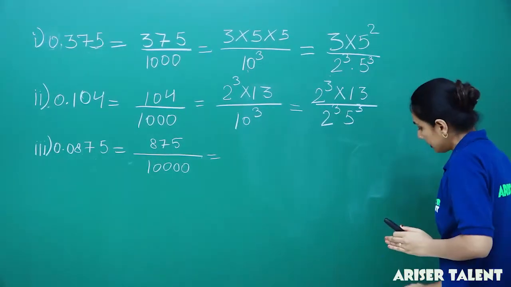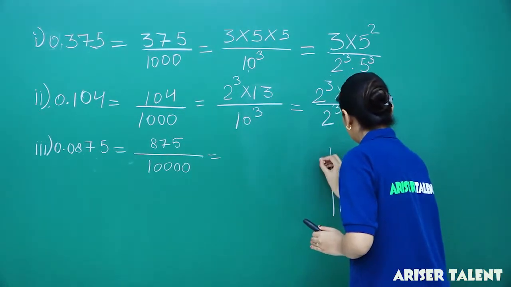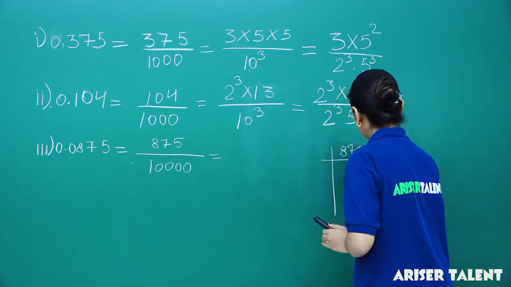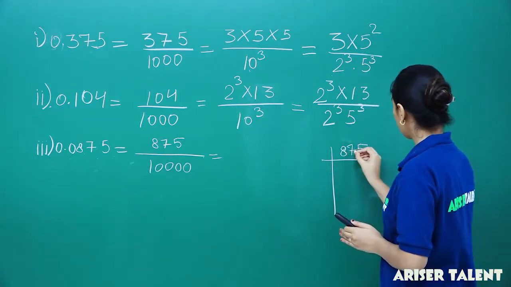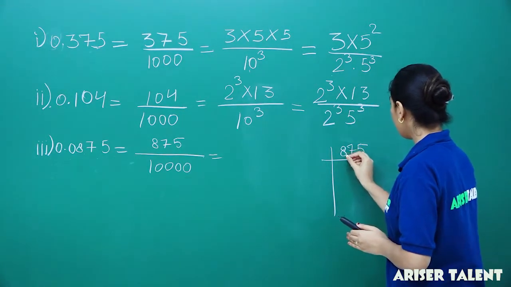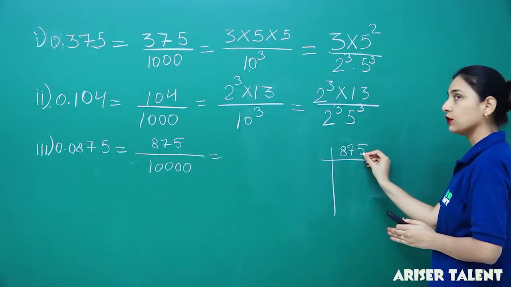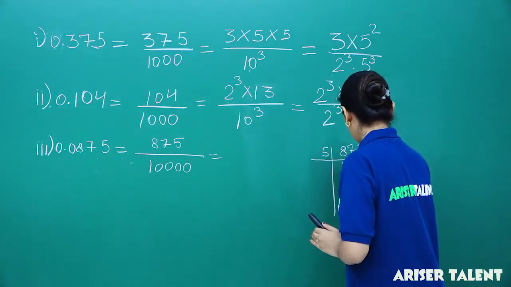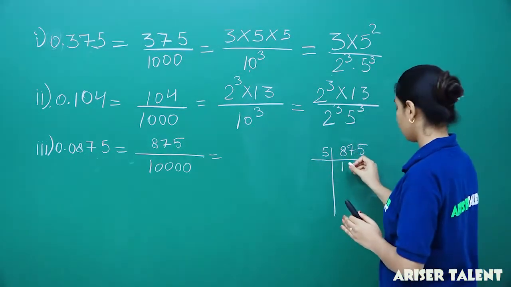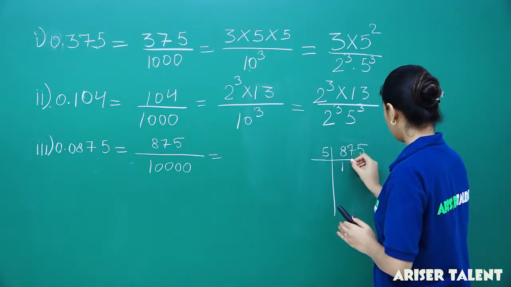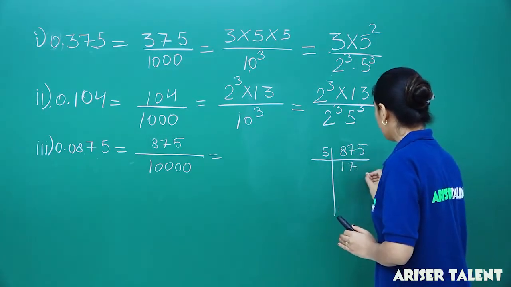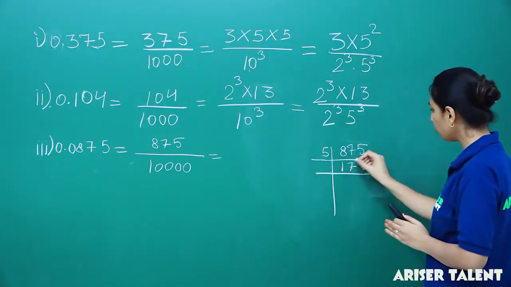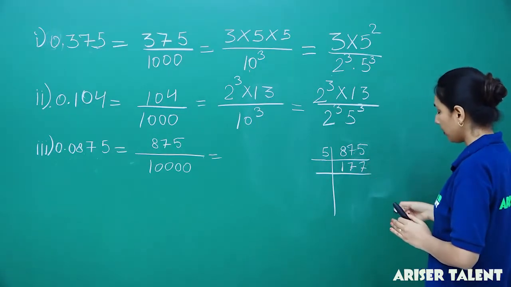Now, taking the factorization of 875: 8 plus 7 plus 5 is 20, so it is not divisible by 3. Divisible by 5 one time, giving 175.